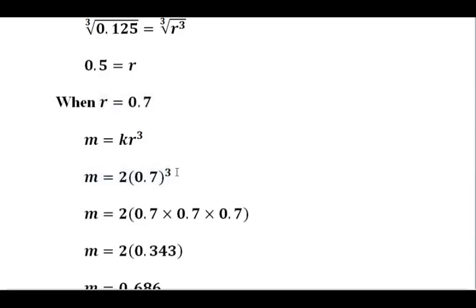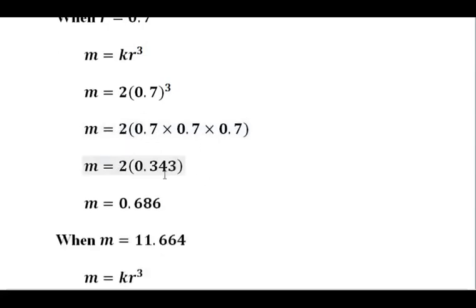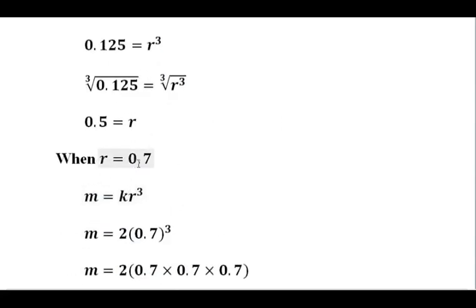Taking cube of 0.7 means 0.7 multiplied by 0.7 multiplied by 0.7. So their product is 0.343. If we multiply 0.343 by 2, we get 0.686 gram, which is the mass of the sphere when radius of the sphere is 0.7 centimeter.